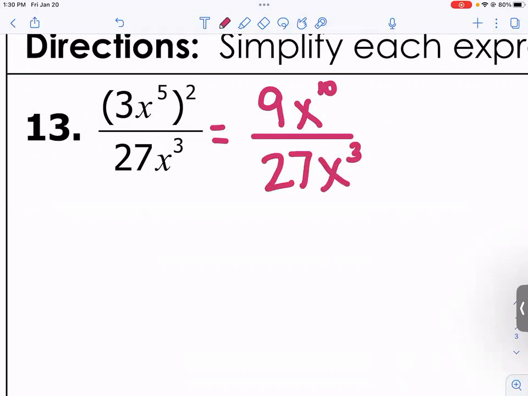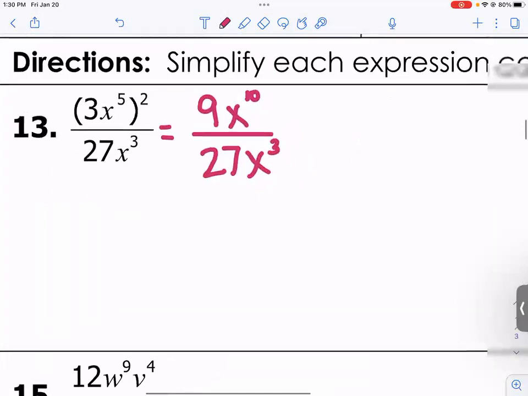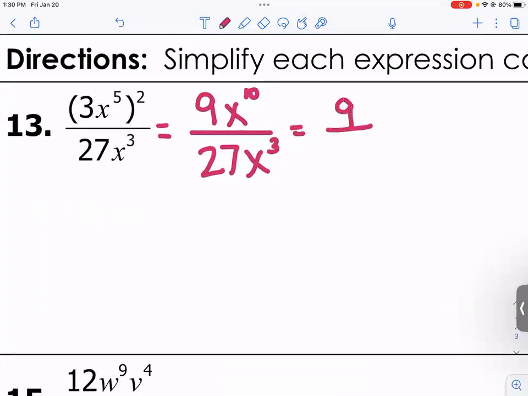But 9 doesn't divide by 27. That's not even a fraction. No decimals. So we have 9 over 27 and x to the 10th over x to the 3rd.